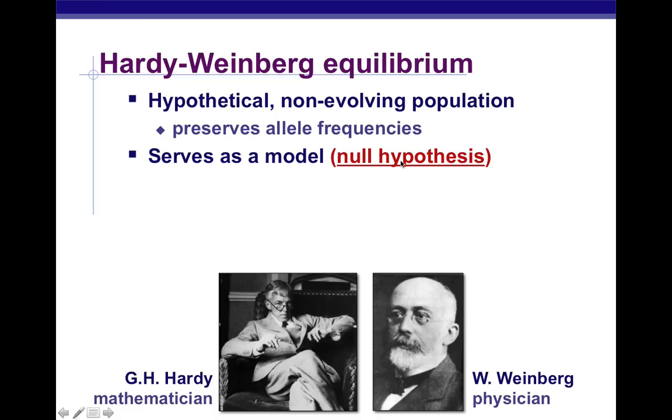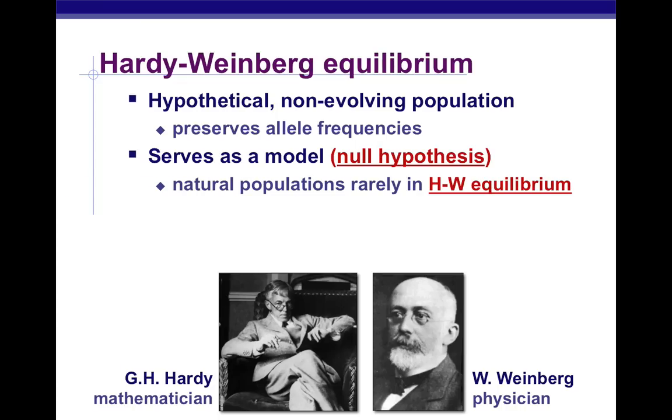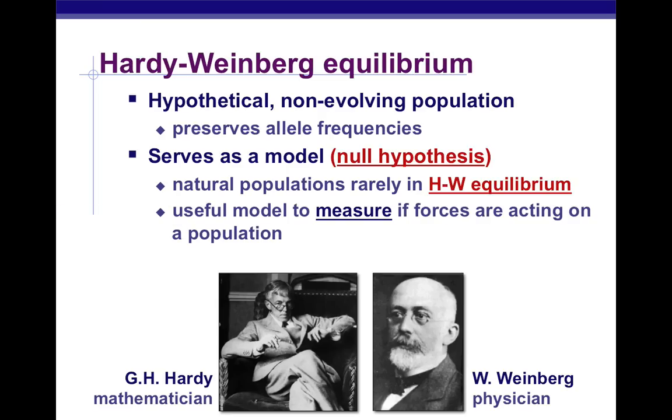So what would need to happen for evolution not to happen? I know it's a little confusing. So first off, populations are rarely ever in this ideal equilibrium. Very rarely do natural populations have this happen. But it's a useful model to measure if forces are acting on a population.